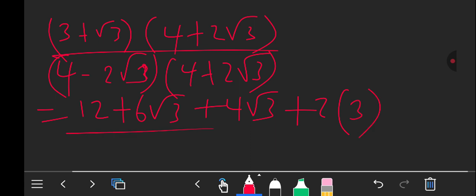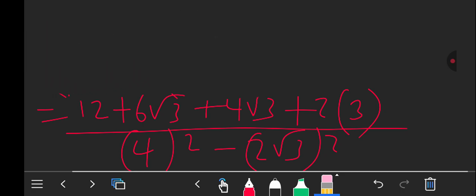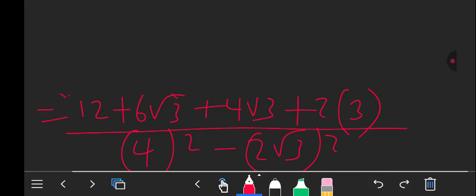Okay? Then everything over here, we are going to use the difference of two squares. So it will be 4 squared minus 2 root of 3 in bracket like that squared. Okay? Clean up the top part here. So what we are going to have is 12. This 12 plus 2 times 3, that is a 6. So 12 plus 6, what we are going to have is a what?